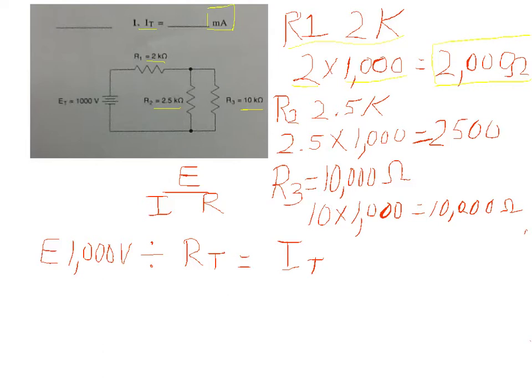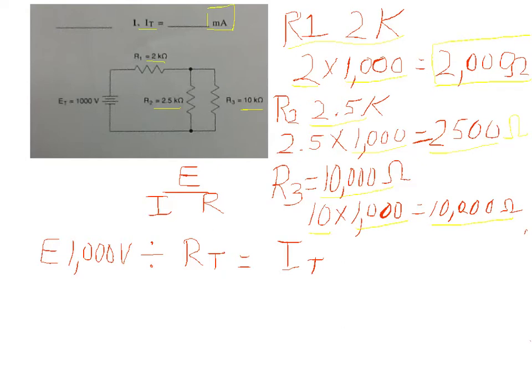I did the same thing for R2, so I took 2.5K, multiplied that by 1,000, and we get 2,500 ohms for resistor 2. And the same procedure for resistor 3. We converted the 10K to 10,000 ohms by multiplying 10 times 1,000.